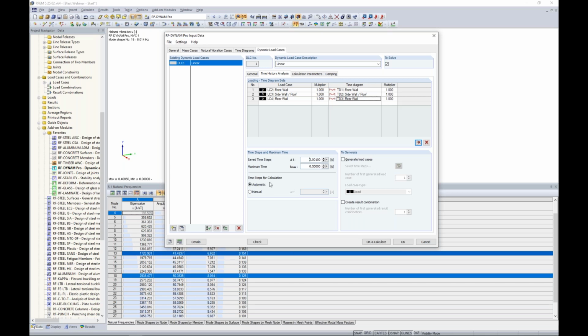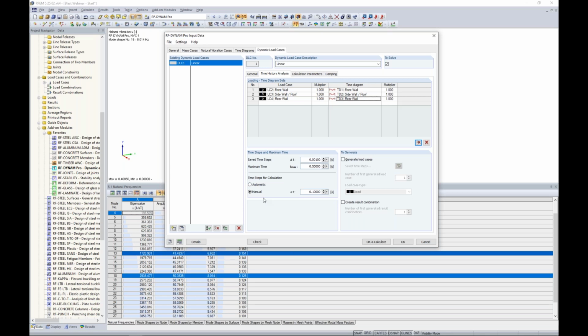Now, the time steps for calculation, this is important for the analysis internally, and it's really a compromise between calculation time and accuracy. So there is the automatic option. You can refer to our help file if you're interested in determining how the program will set this automatic time step, but I think for something like a blast analysis that's such a short duration, it's a little bit better to have full control over what time step you're using.